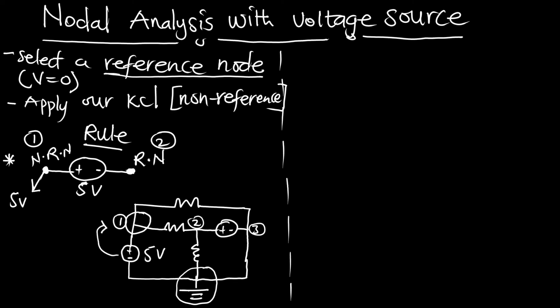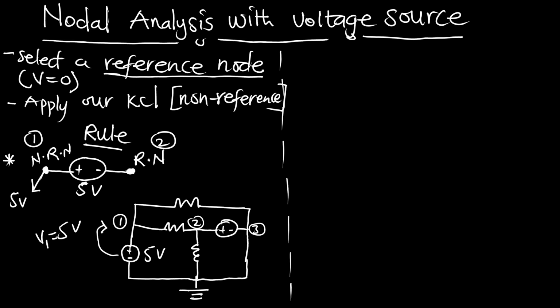So in the analysis here, we are going to say the voltage at the node 1 is simply 5 volts because this voltage source is connected between the non-reference node and the reference node. Is that okay? So very simple.